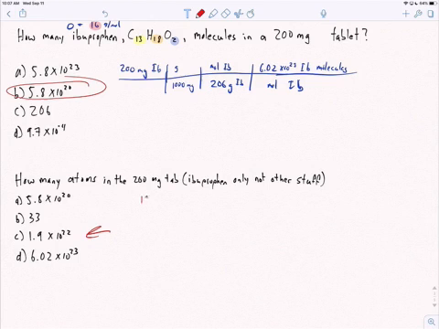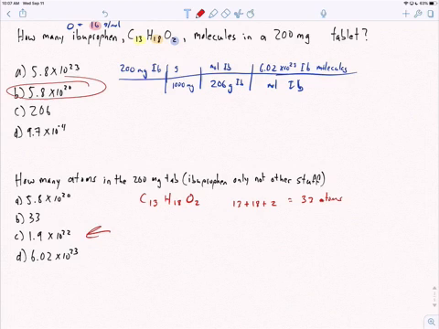C13H18O2. So 13 plus 18 plus 2, 33 atoms.